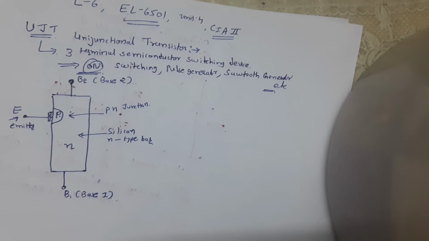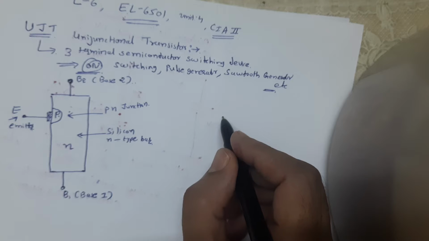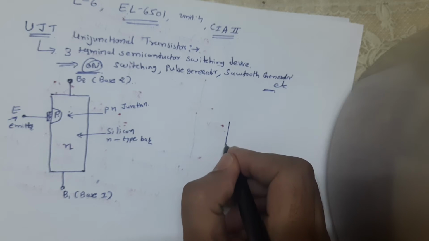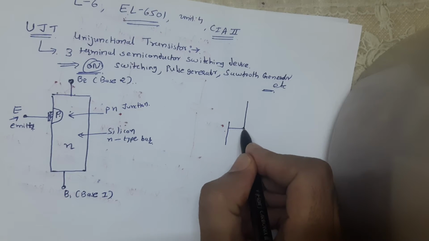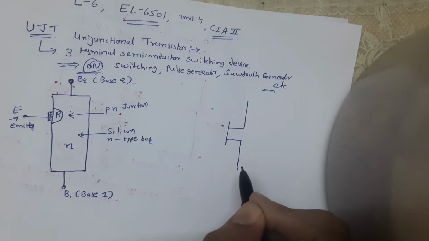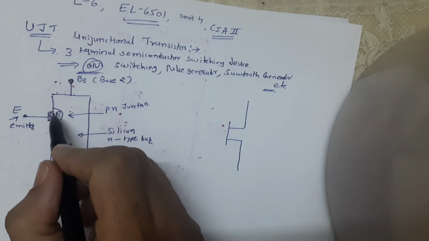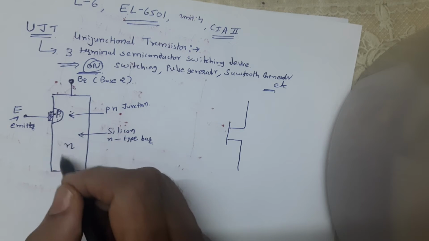The symbol looks like this. Base 2, base 1, and see here, this emitter is very close to B2 and far from B1.